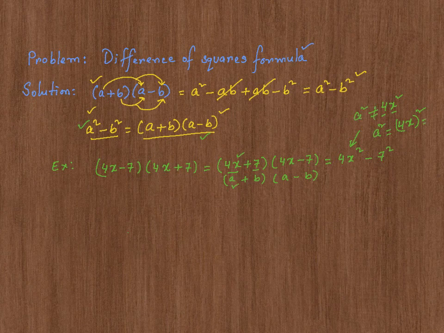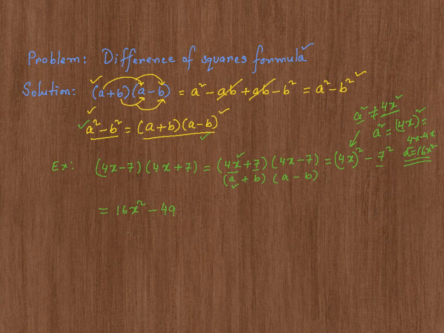You will see 4x whole square is 4x times 4x, which is, by the way, 16x square. So if you say a square is equal to 4x square, then of course it's a mistake. So you need to put a parenthesis around it, and simplifying further, 4x whole square is 16x square minus 7 square is 49.